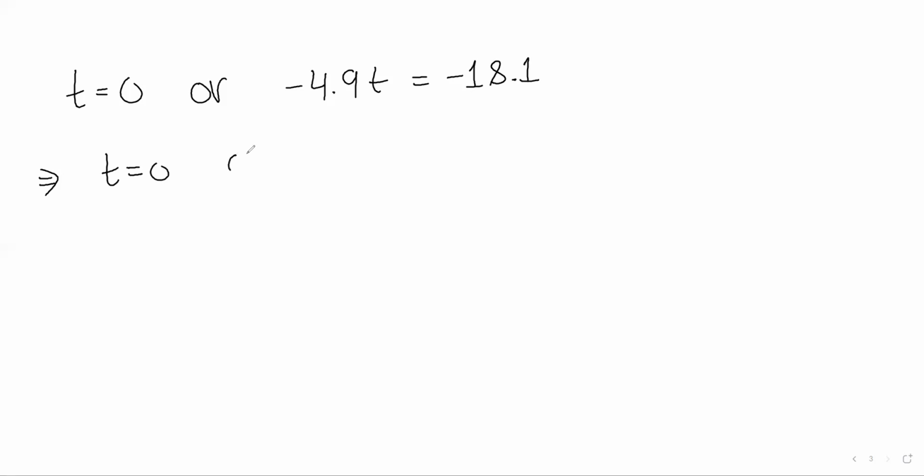So we have t equals 0, or we could say negative 4.9t equals negative 18.1. So the 2 values for t should be t equals 0, or t equals negative 18.1 divided by negative 4.9.